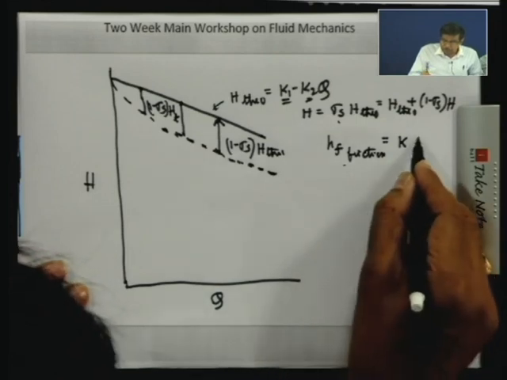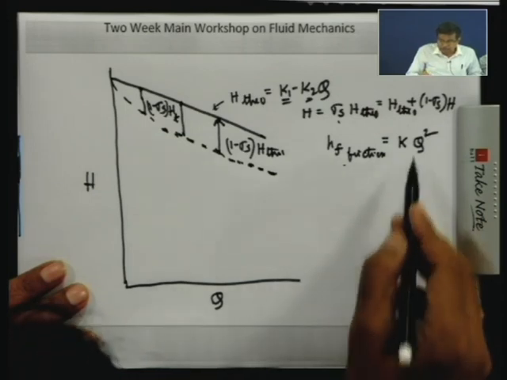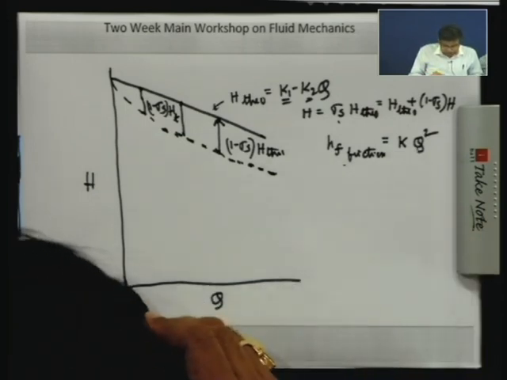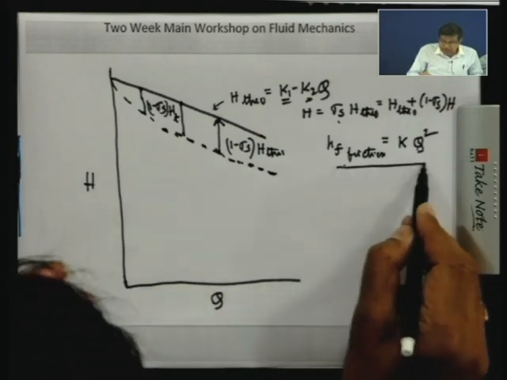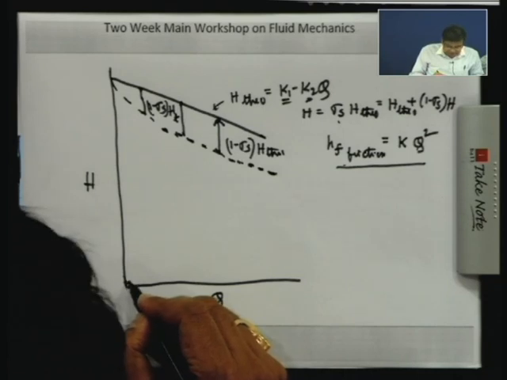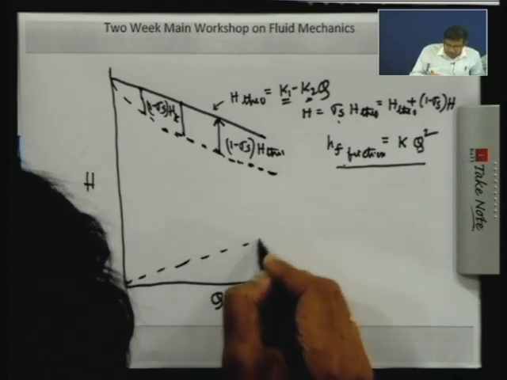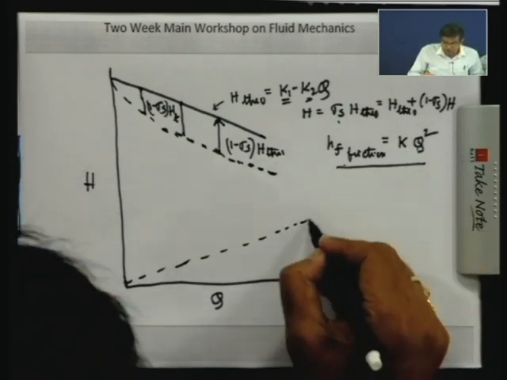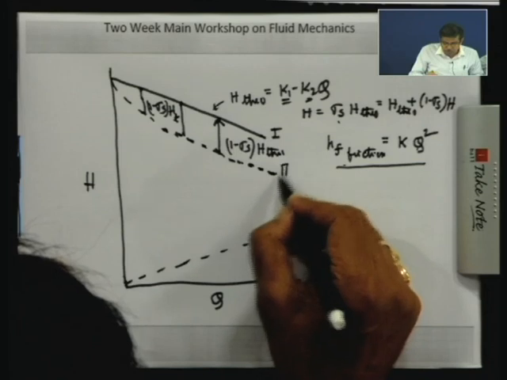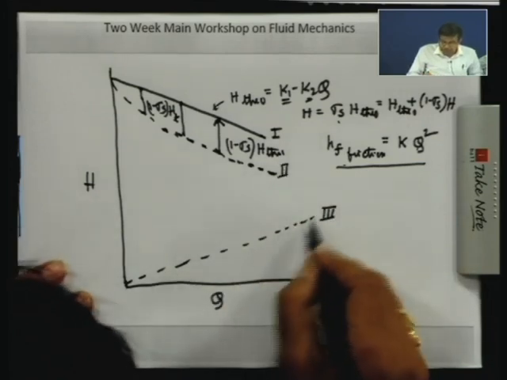Qualitatively we can express that it is proportional to Q square. If we plot it, when there is no flow there is no frictional loss, so the curve is like this. This follows this law. Let us define this curve as 1, this curve as 2, this curve as 3. So 3 is the frictional loss curve.